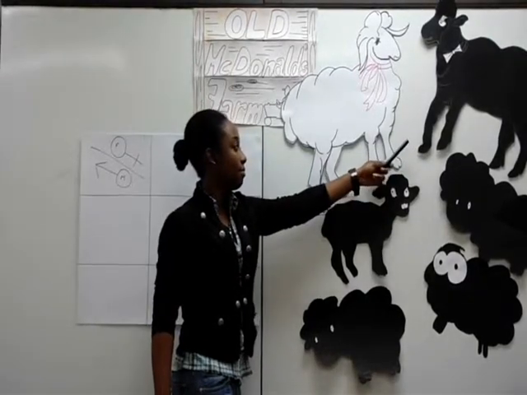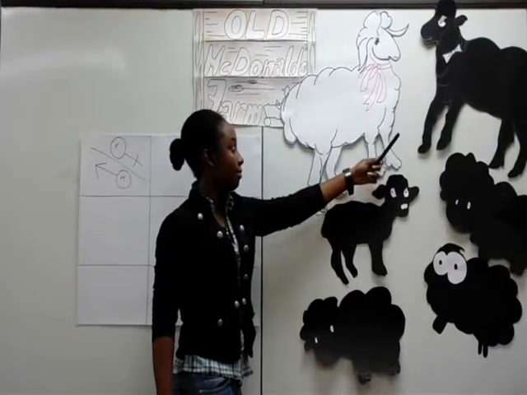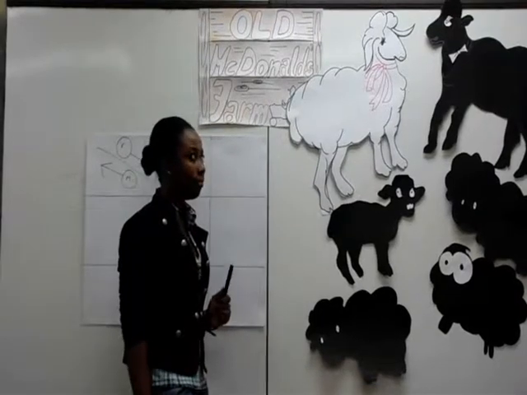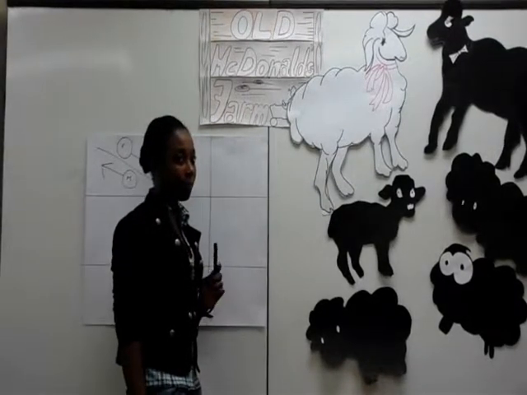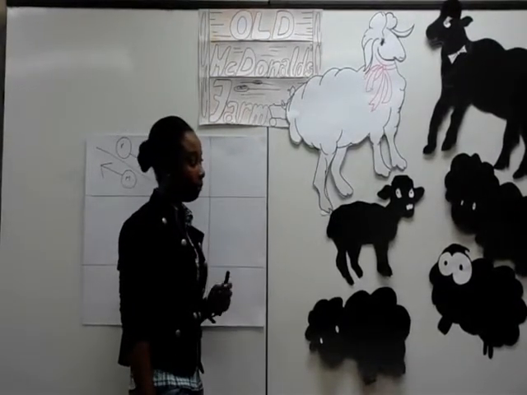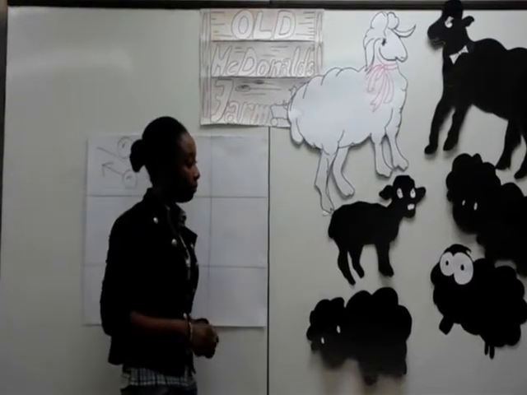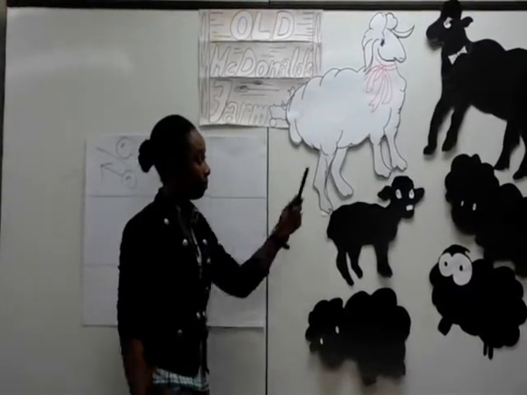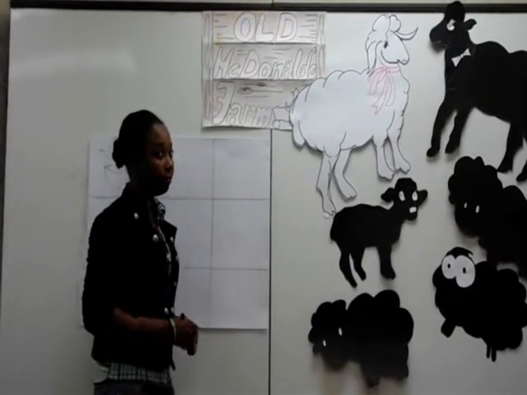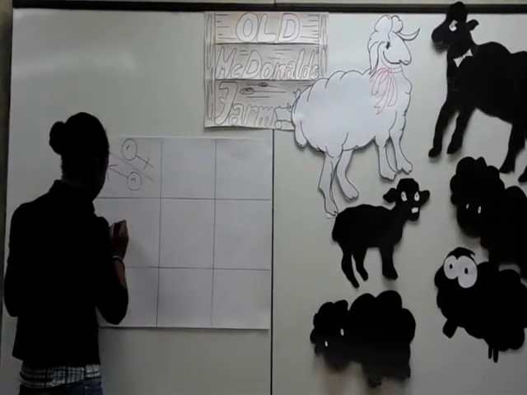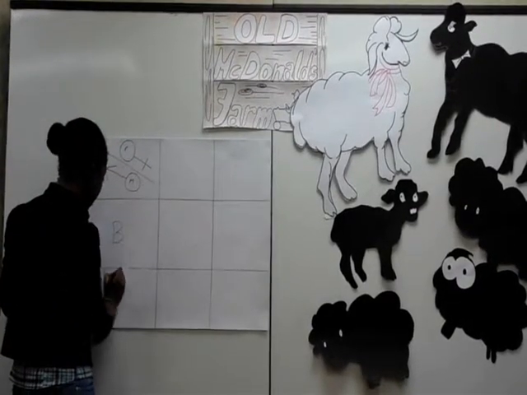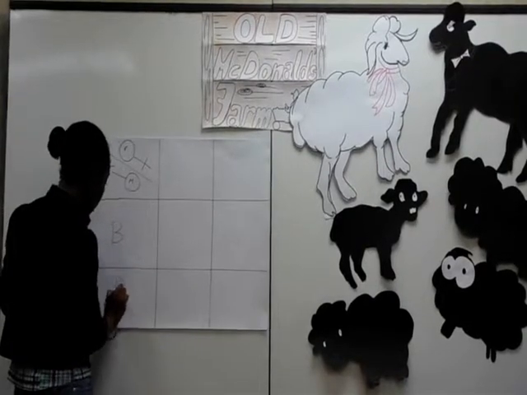For this test cross, we would let big B represent the dominant black color trait and let little b represent the recessive white colored trait. Since the black sheep is a purebred, his alleles would be big B, and the white purebred sheep would be little b.